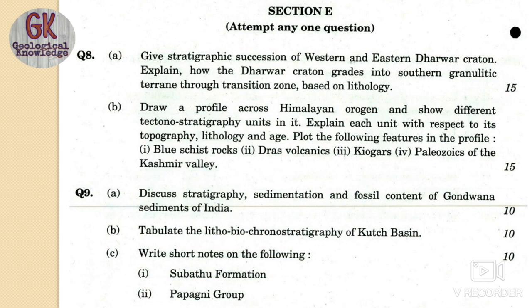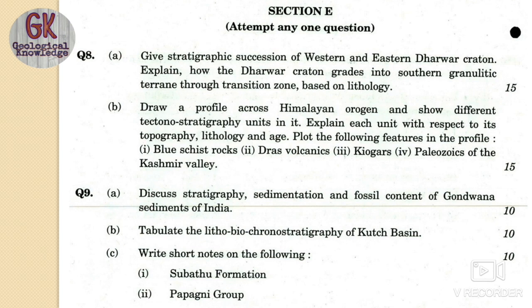So you only have to tabulate, means make a table of lithological variations, and the biostratigraphy or chronostratigraphy of the Kutch basin. So lithological variations, the fossil record as well as the time representation. Three things you have to show in that table.